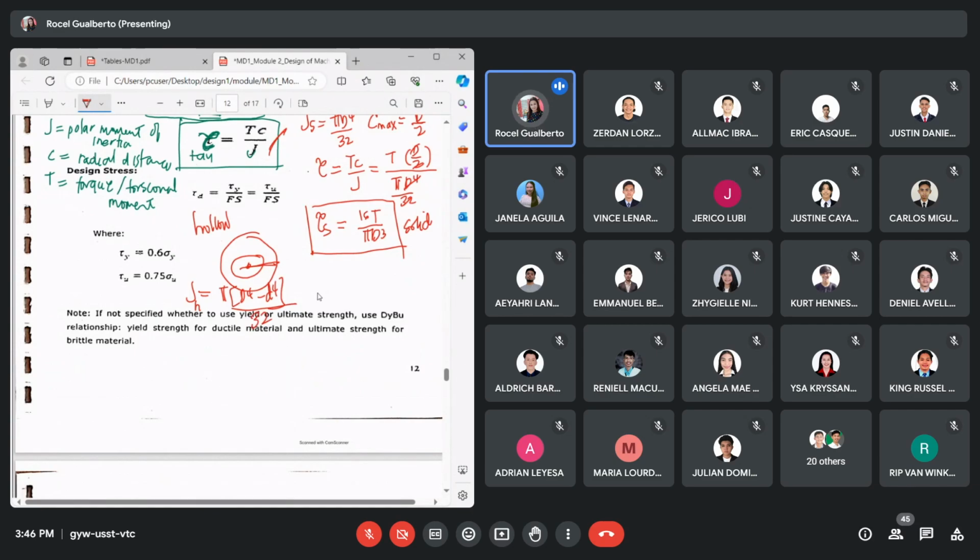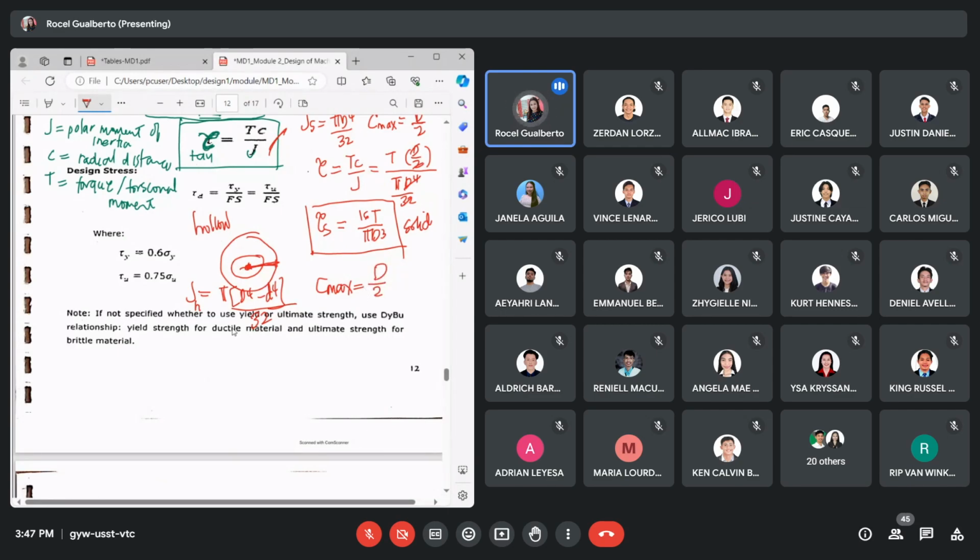And what would be the value of your C maximum? C maximum po natin pamula sa center po hanggang dun sa pinakadulo, yung pinakamataas po na value ng distance. So that would be equal to the outer radius. So the outer radius would be big letter D over 2.